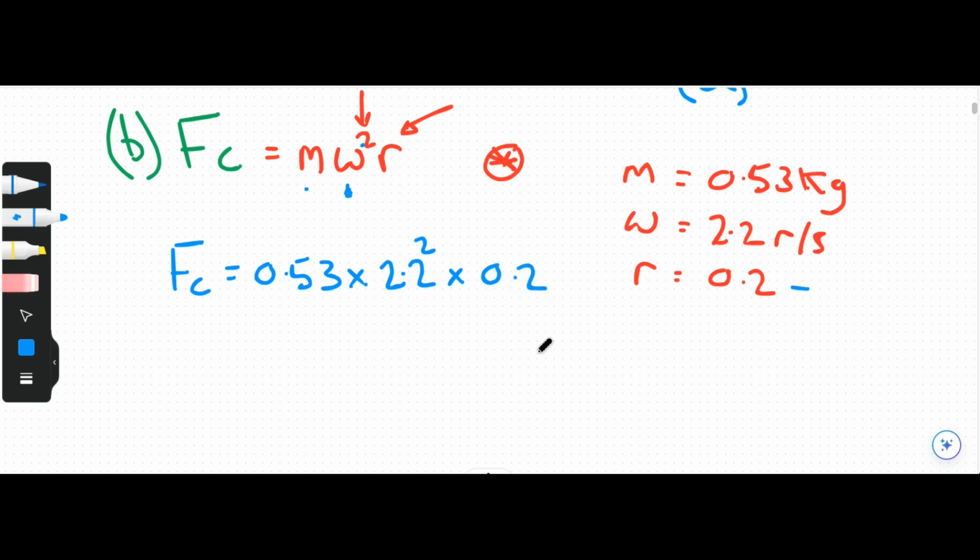Put that in your calculator and you will get the centripetal force on this pin. It comes to be 0.51 newtons. That equals the centripetal force.